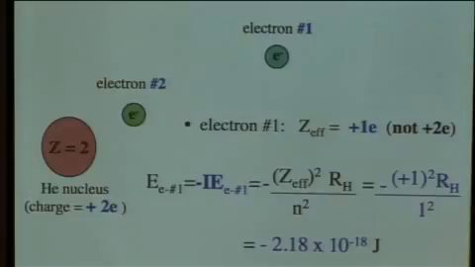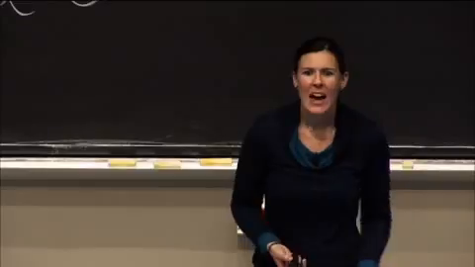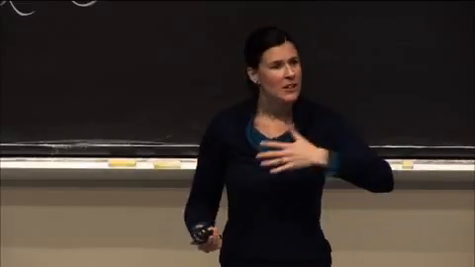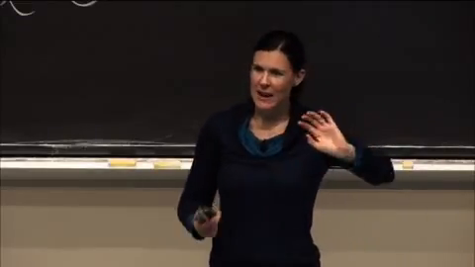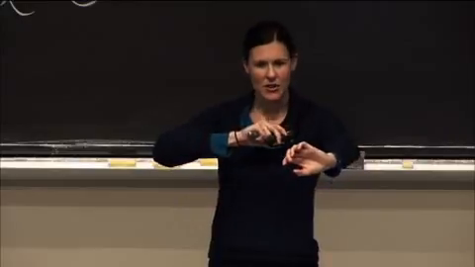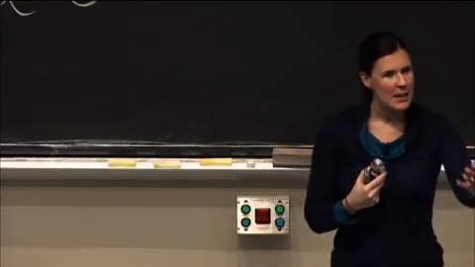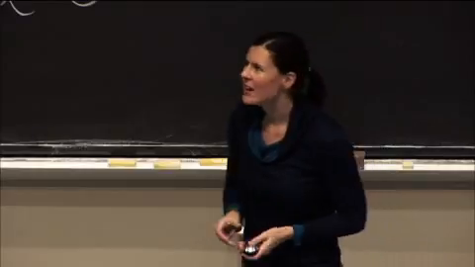We would expect our binding energy to be -2.18 times 10 to the -18 joules. This is actually the binding energy for a hydrogen atom. And that makes sense, because in our extreme case where we have total shielding by the second electron, the electron of interest is essentially seeing the same nuclear force that an electron in a hydrogen atom would see.